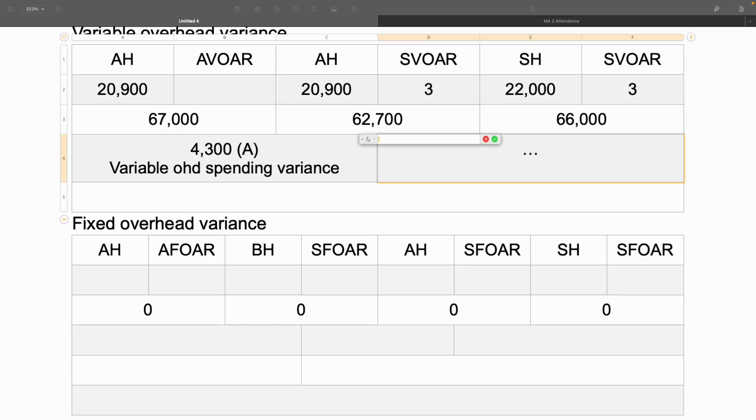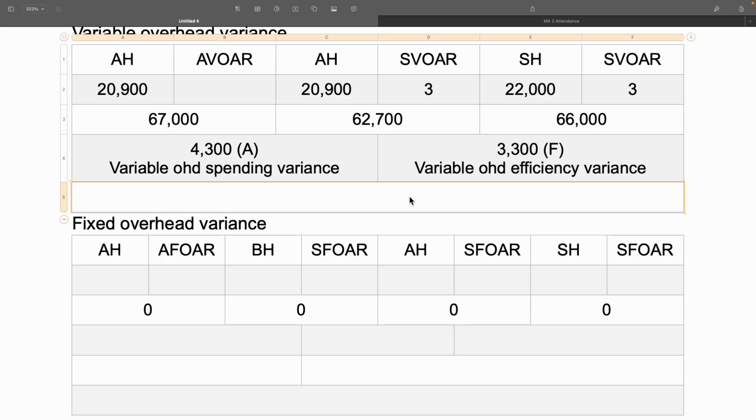Here you're going to get 62,700 actually spent, should have spent 66,000. So you're going to get 3,300. Efficiency variance.